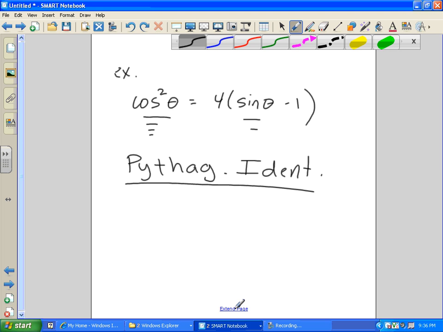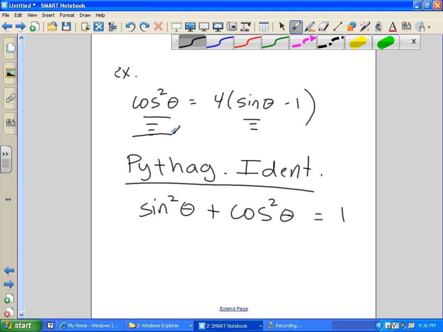Now, we're only dealing with sines and cosines, so the only Pythagorean identity we have to look at is our very first one that we should know really well: sine squared plus cosine squared equals 1. This sine is not squared, so I really can't do anything with that one. But the cosine squared one, I can replace in terms of sine.